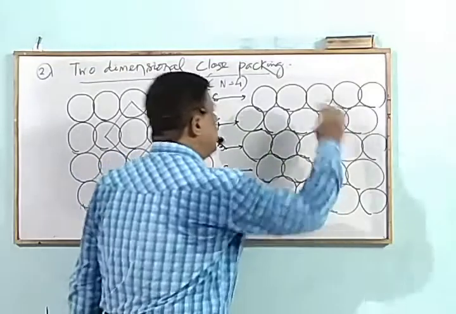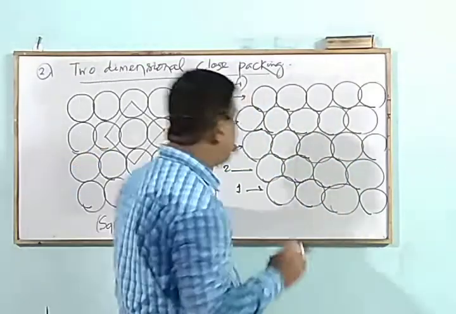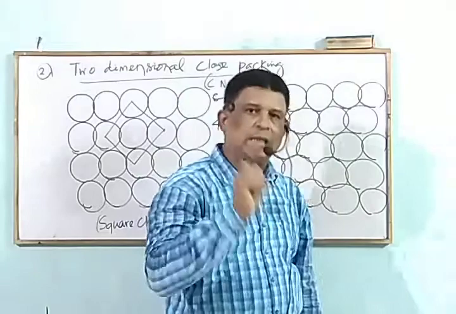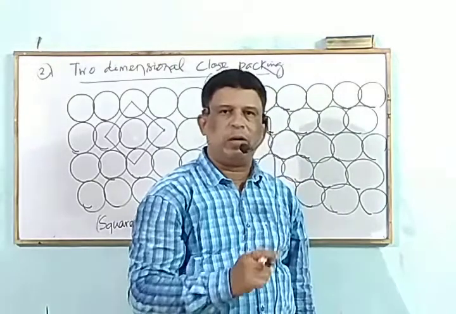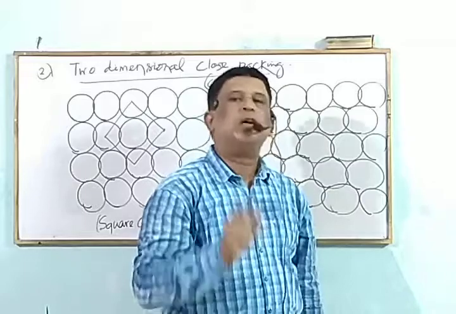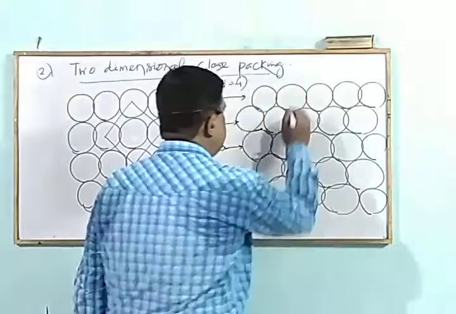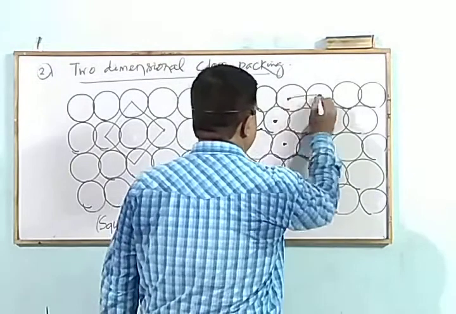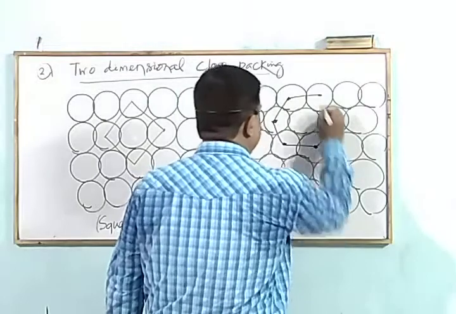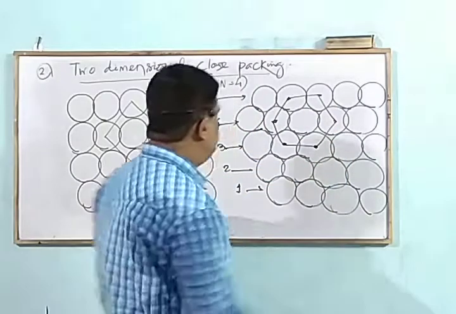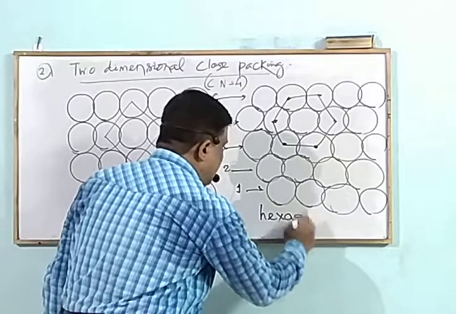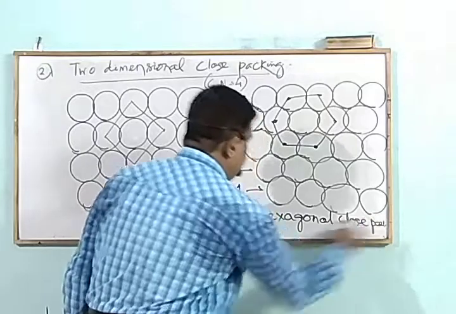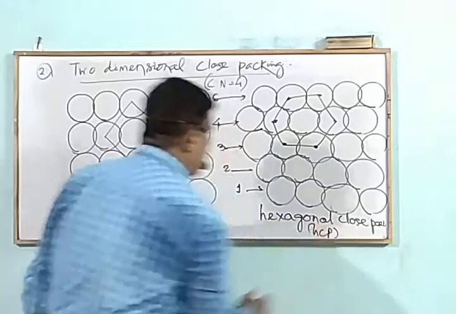The third is present in the depression of the second, and this arrangement goes on in such a way that any sphere, known as the central sphere, is joined to 6 other spheres. So if we join the centers of the 6 other spheres, mark that, a hexagon is formed. That's why it is known as hexagonal close packing, HCP.